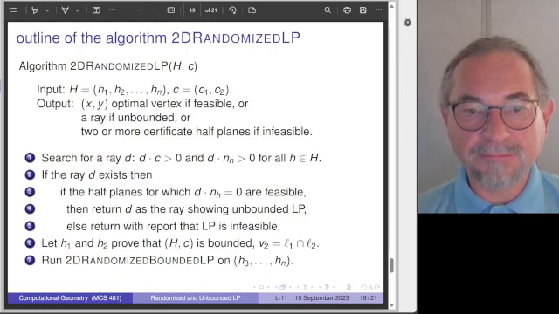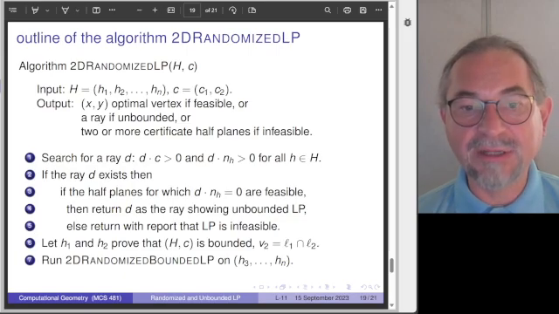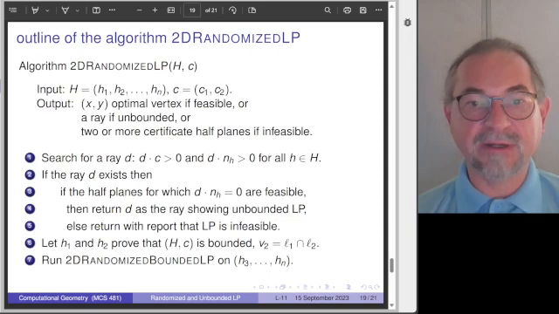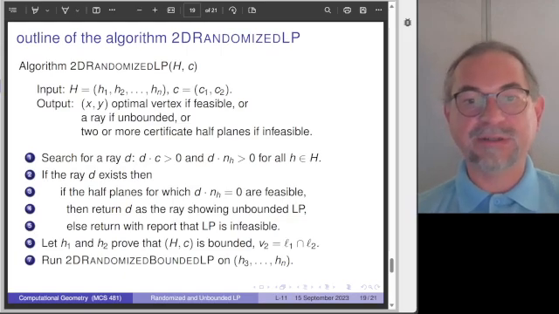Okay, so there is this pre-processing that happens in linear time that will indicate that the problem is either infeasible or it is unbounded.